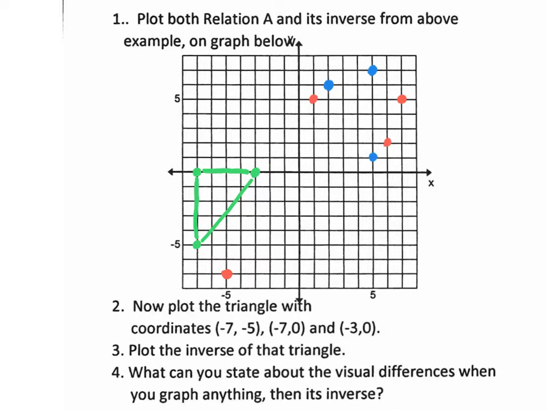How about this next one, -7, 0? I need to switch it, and it becomes 0, -7. 0, -7 is down here. And then this last one, I need to switch it. It becomes 0, -3, which is right here. So what do we have here? We have this red triangle.